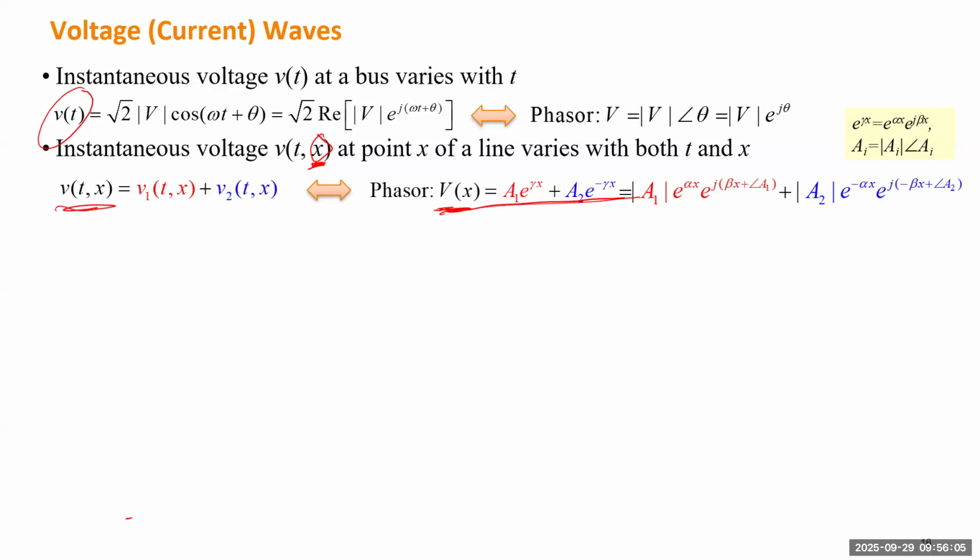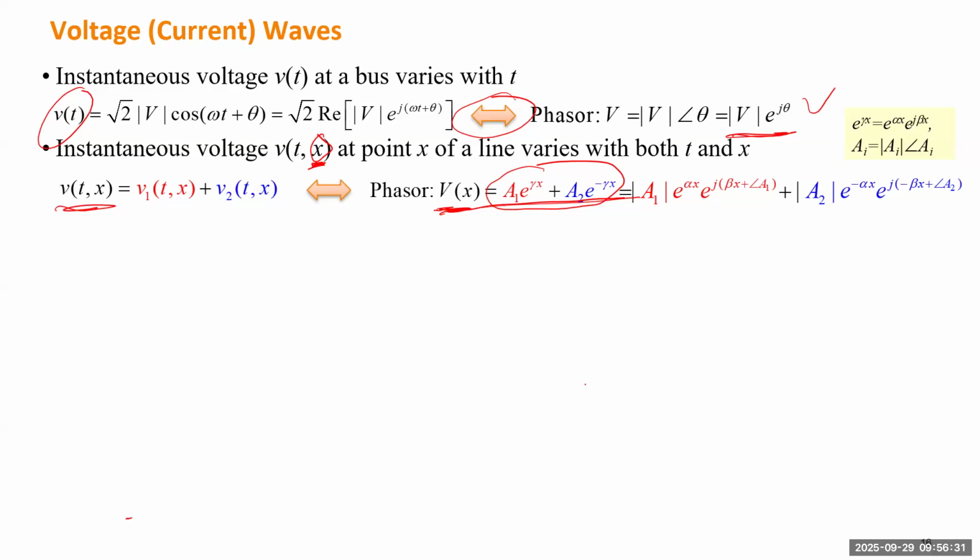In order to get the formula for the instantaneous voltage along the line, we have to understand what happened in this transformation. First, we need to make sure the phasor can be represented in this form, with an absolute value and also an angle. So we need to figure out the angle for this expression.